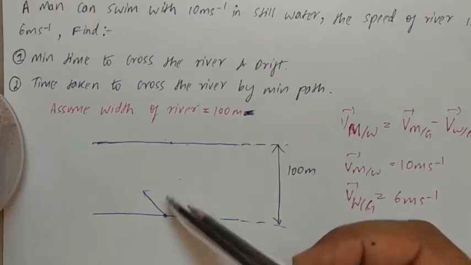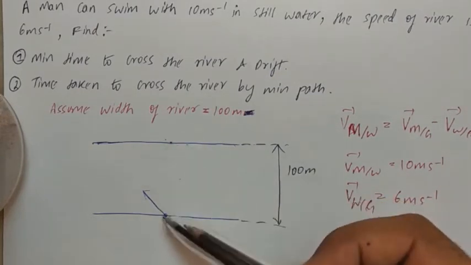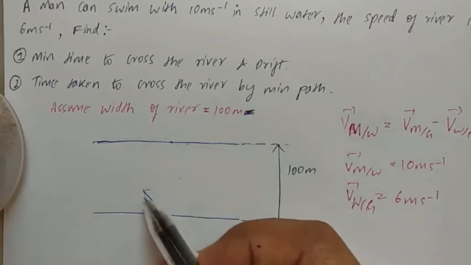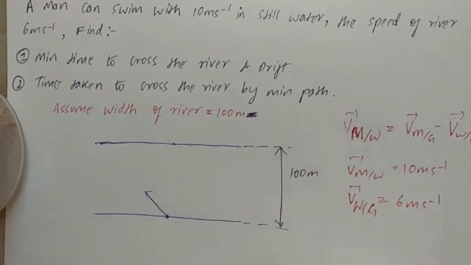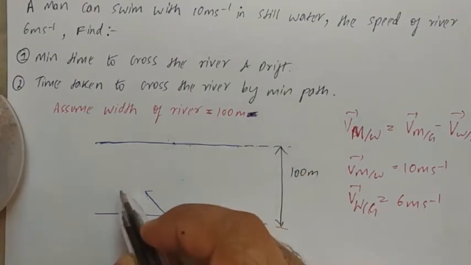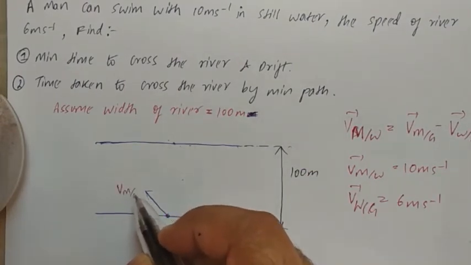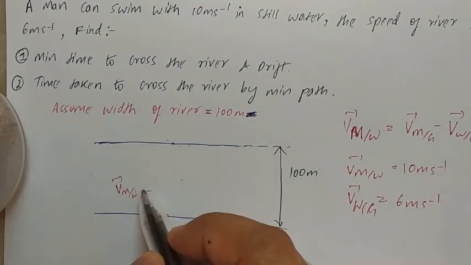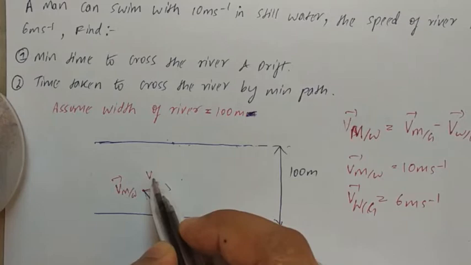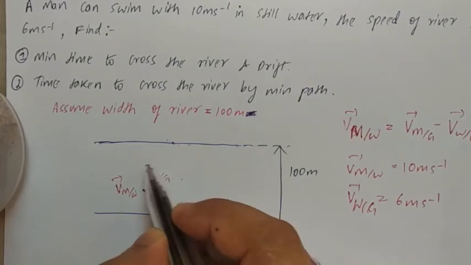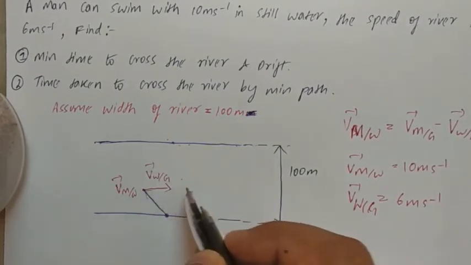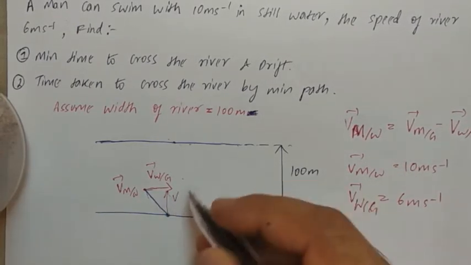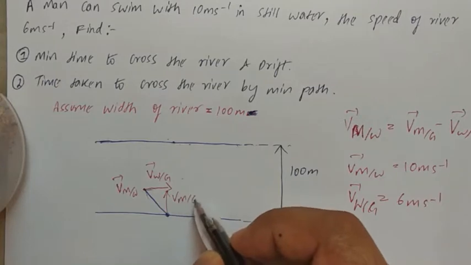We would require the person to reach this point, so he needs to travel along this path, and he is starting in this direction, which means the velocity of man with respect to water is in this direction. And we already know that the velocity of water with respect to the ground is in this direction. So this would be the velocity of man with respect to ground.